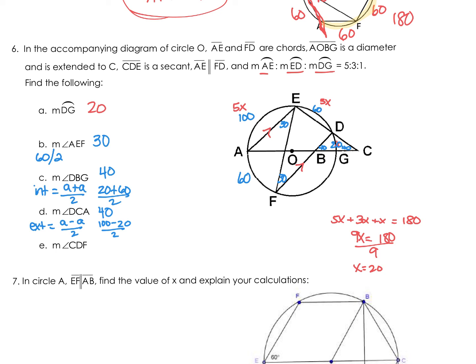And the last question is angle CDF, which is right here. Now, it's not central, it's not inscribed, it's not interior, it's not exterior. It's nothing. But you want to know what it is? It's in a triangle right here.